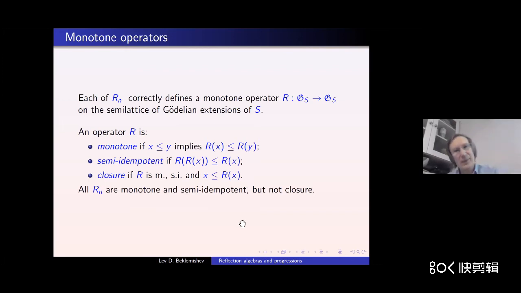So the reflection principles are monotone and semi-idempotent, but they are neither idempotent nor closure operations. Okay, so that's roughly how we can now see these things.